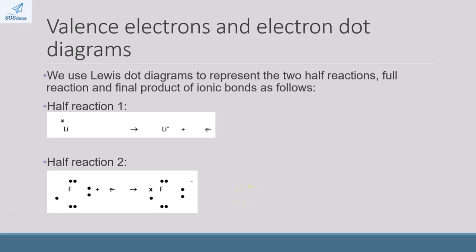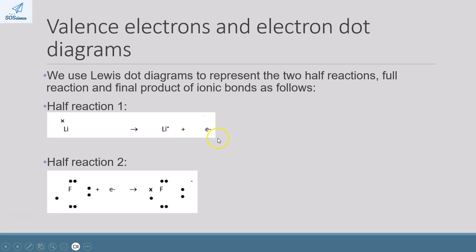Now, the next step for the full reaction is really very, very simple. All we need to do is copy out everything on the left-hand side of the equation and everything on the right-hand side of the equation, always starting with the metal, followed by the non-metal. For the full reaction, you may or may not indicate the number of electrons.